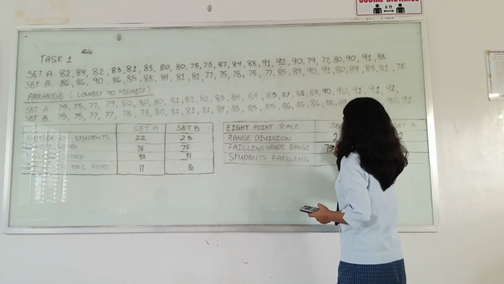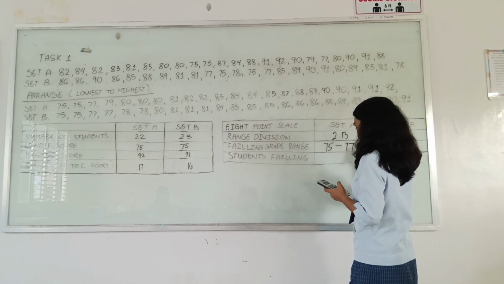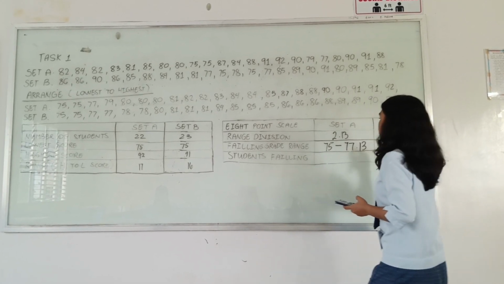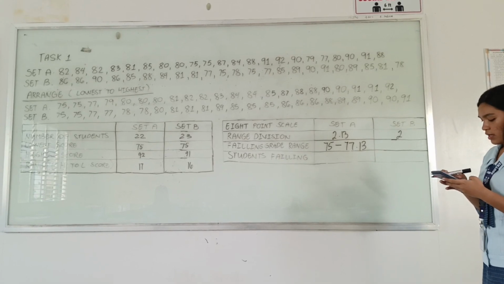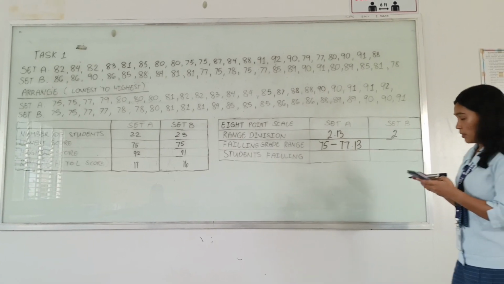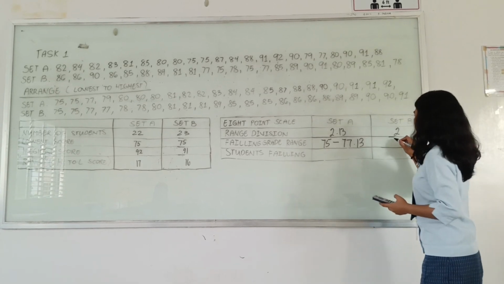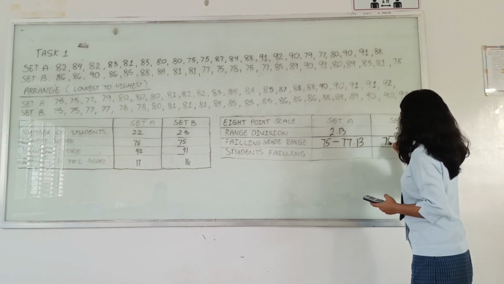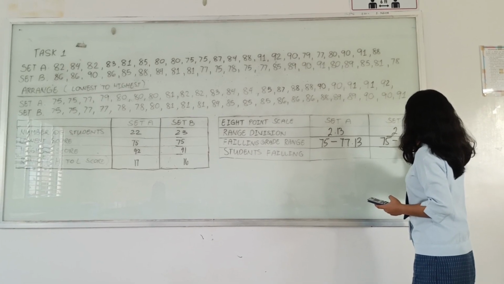We'll put here 75 to 77.13. In set B, same procedure. The lowest score plus 2 is equal to 77. So 75 to 77.